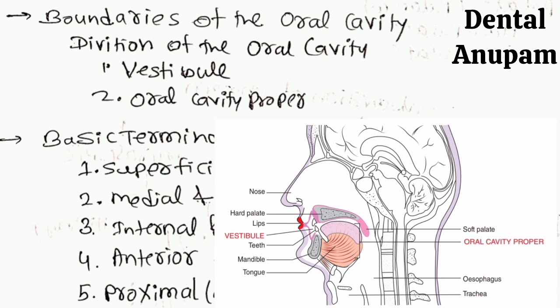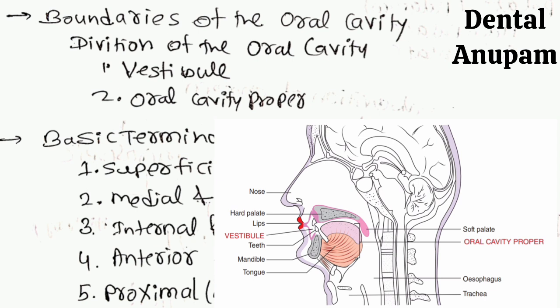Oral cavity proper, or cavum oris proprium. It is the area confined within the upper and lower dental arches. When the mouth is closed, the oral cavity proper is surrounded on all sides by the alveoli carrying the teeth.